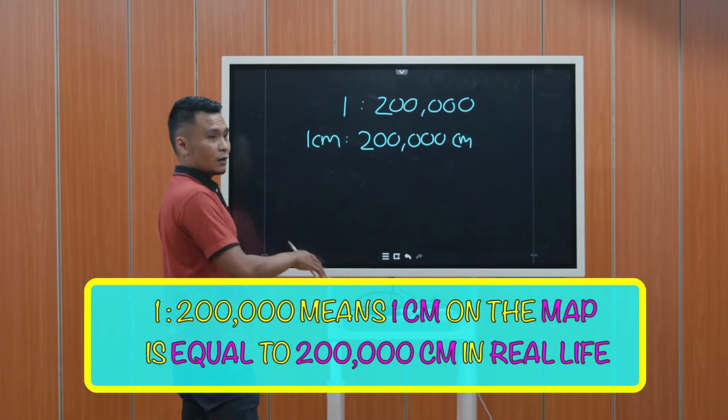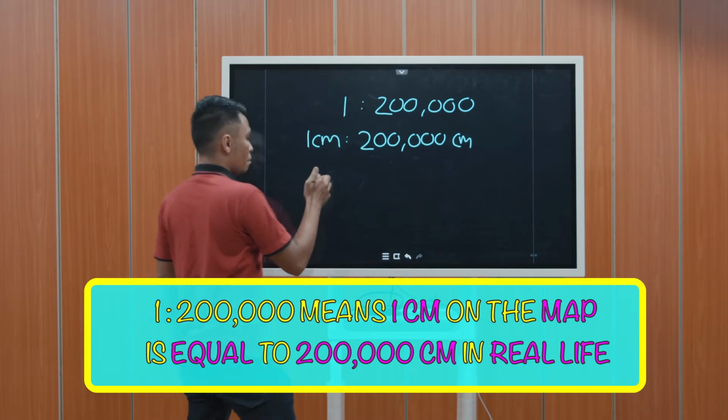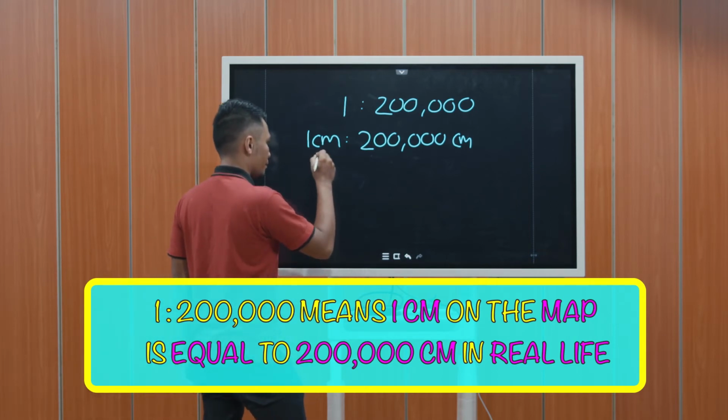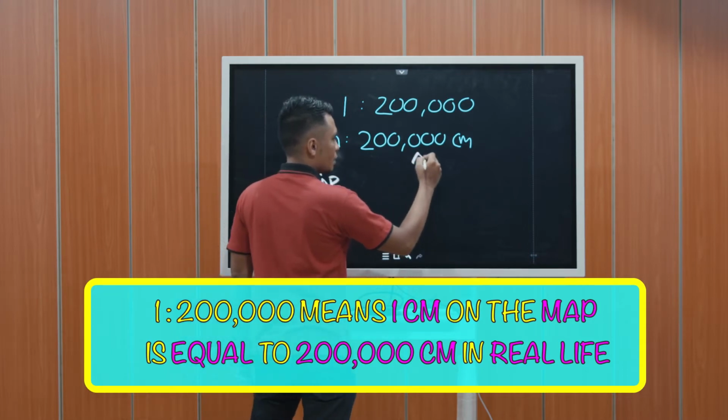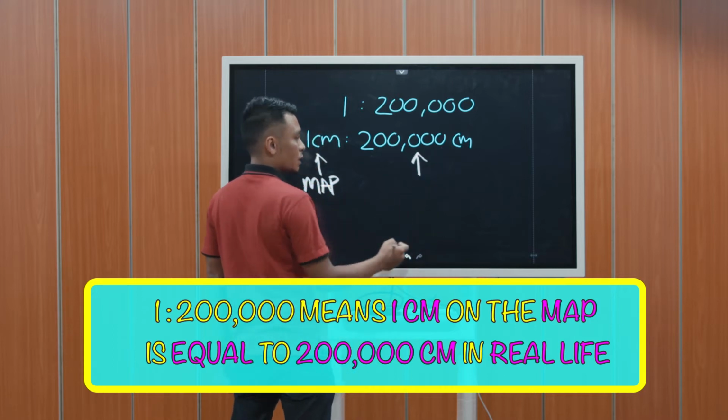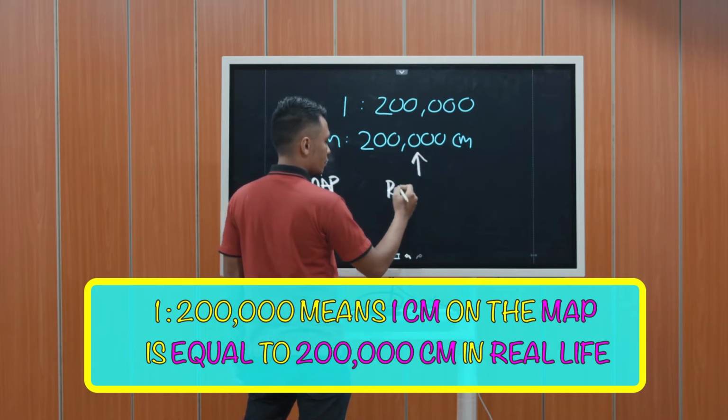Okay? I repeat again, 1 centimeter on the map is the same as 200,000 centimeter in real life.